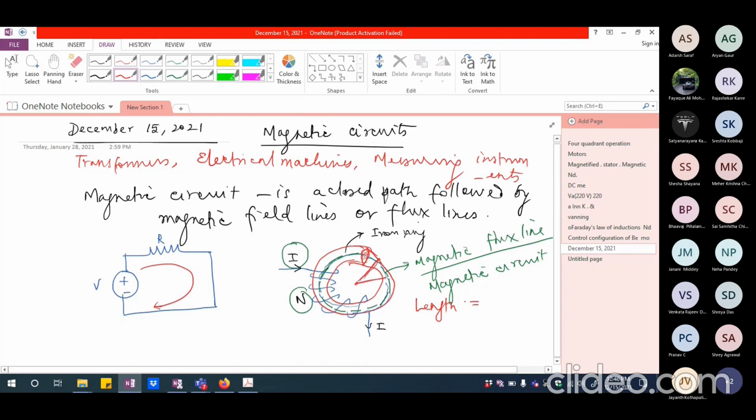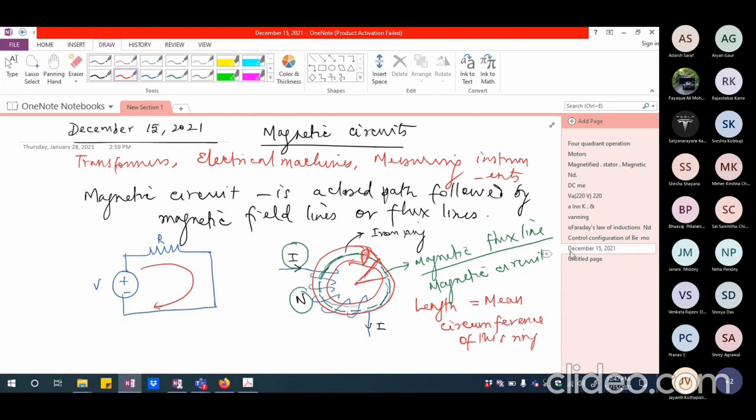So what we generally do is take the average. I would take the mean circumference of this ring, and that is going to be the length of the magnetic circuit.